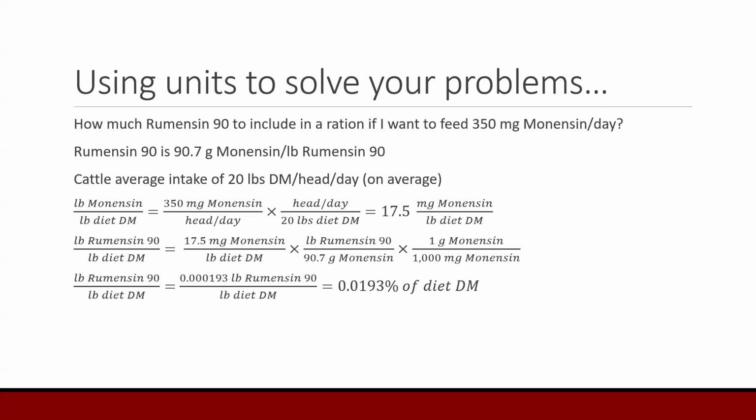That leaves us with pounds of Rumensin 90 in the numerator and pounds of diet dry matter in the denominator. So we would need to include Rumensin 90 at 0.0193% of diet dry matter, to bring in 17.5 milligrams of monensin per pound of diet dry matter. Does that make sense? Okay.